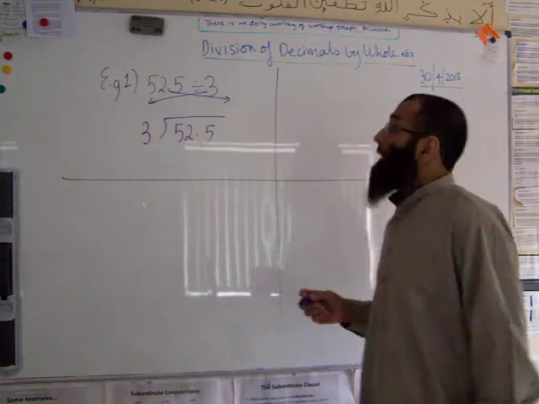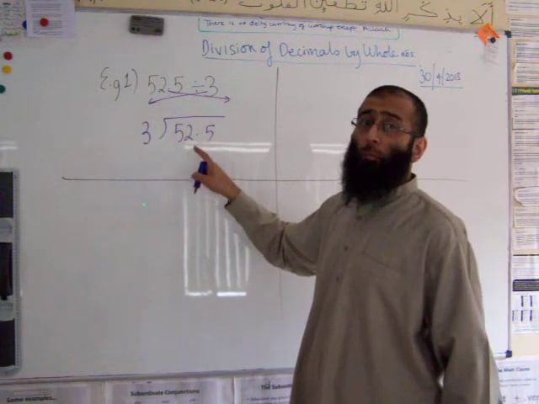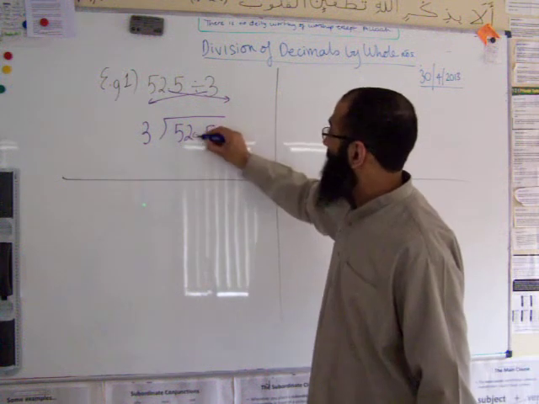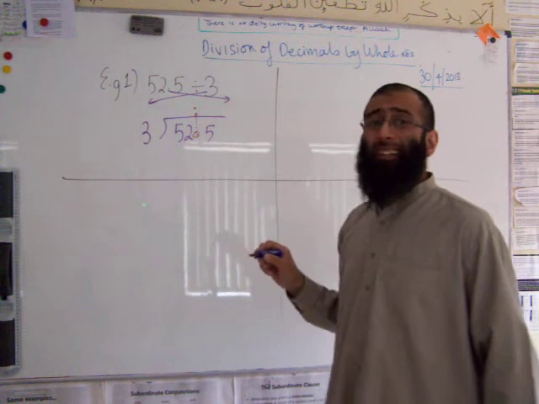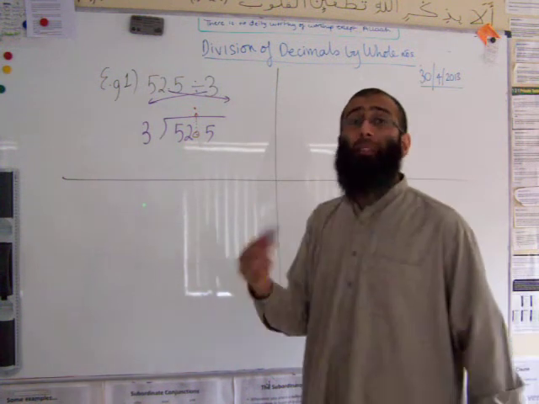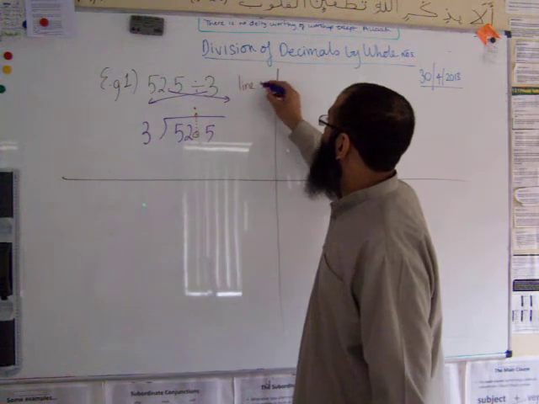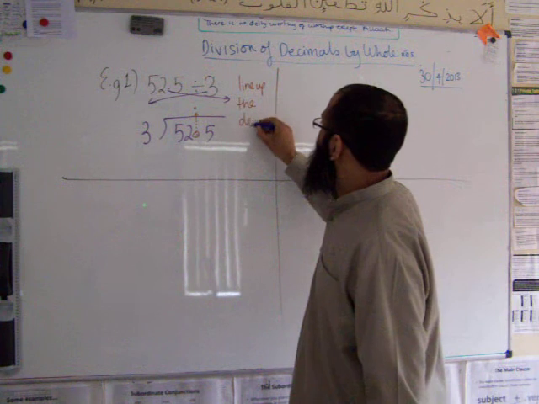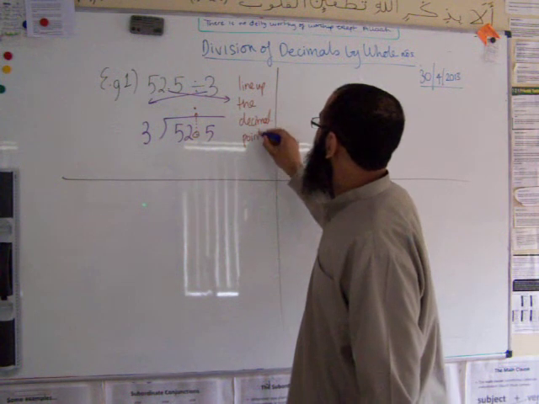Now, the technique for dividing this decimal number, if you compare that to a normal division question, is as simple as copy up the decimal point, or line up the decimal point. So that's what we do extra. So we need to line up the decimal point.